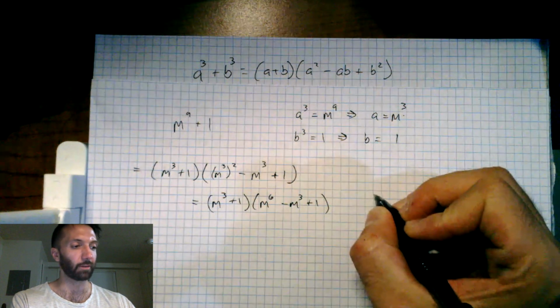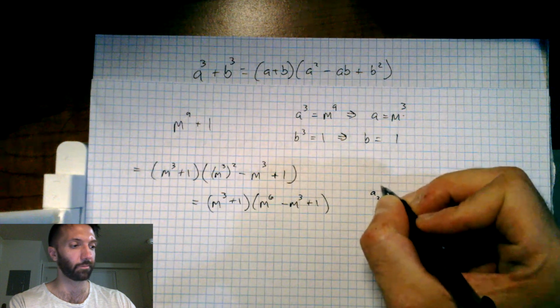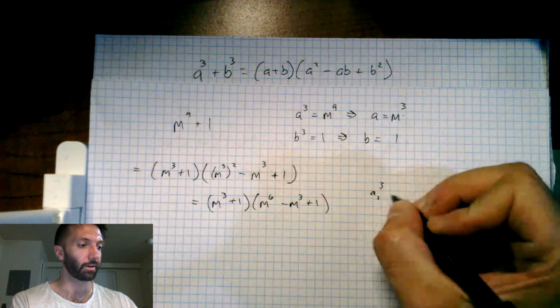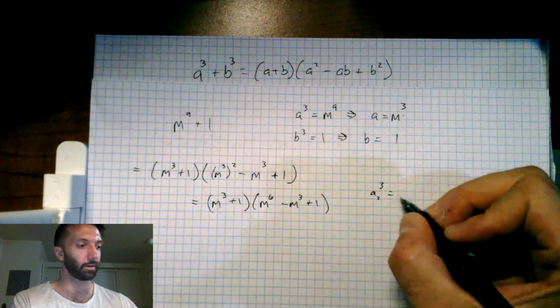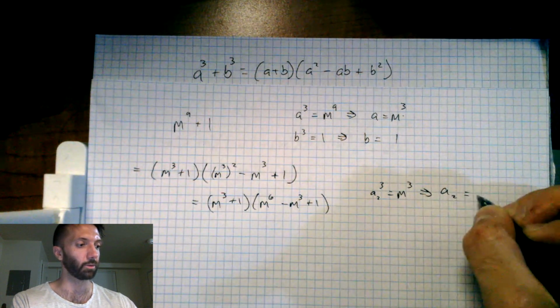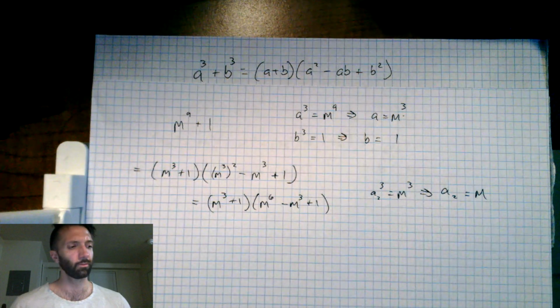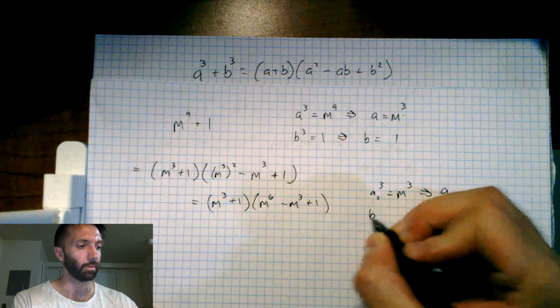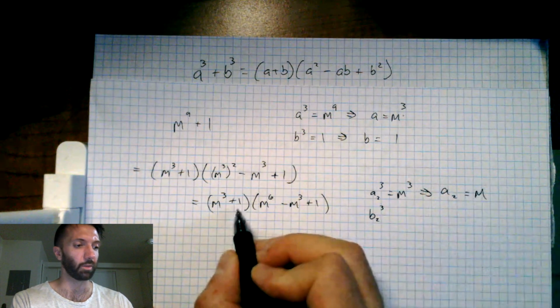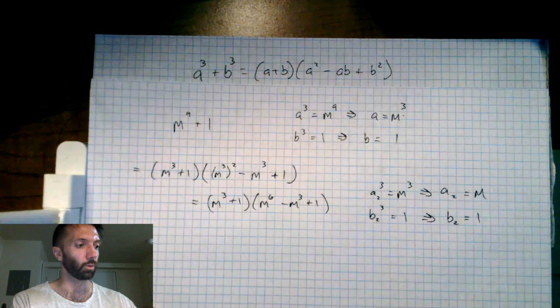So we'll figure out our a sub 2 here, right? So a sub 2 to the third equals m to the third, which would make a sub 2 equal m, taking the cube root of both sides. And then b sub 2 to the third is just going to be 1, which makes b sub 2 equal to 1.